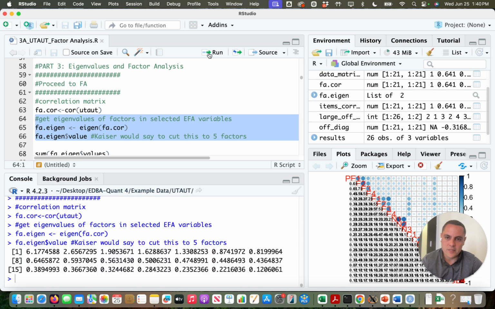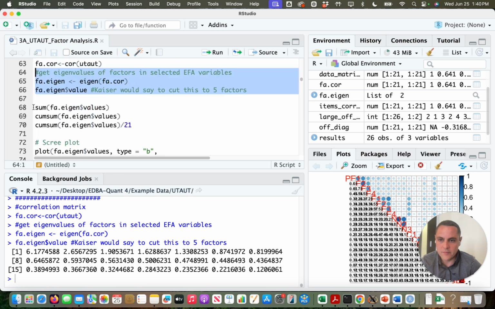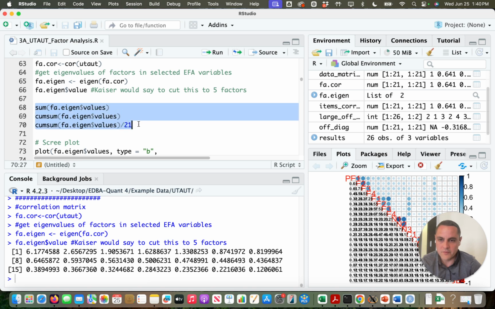So an eigenvalue is basically the amount of variance in the data that's explained by a factor or component, if you're using the term component. The way to think of the eigenvalue is the higher the eigenvalue, the more important that factor is in explaining patterns in your data. So you can see here, let's look at a couple summaries, so sum, cumulative sum, and then we'll look at the proportion as well.